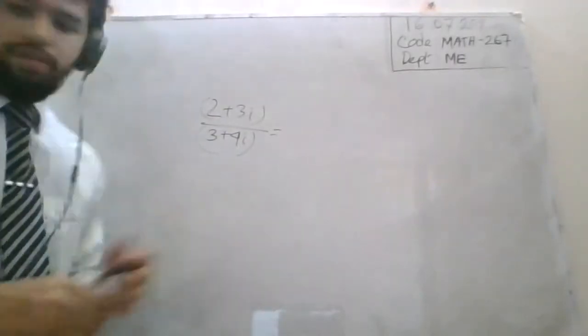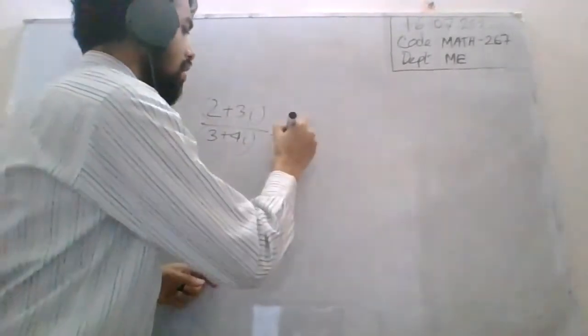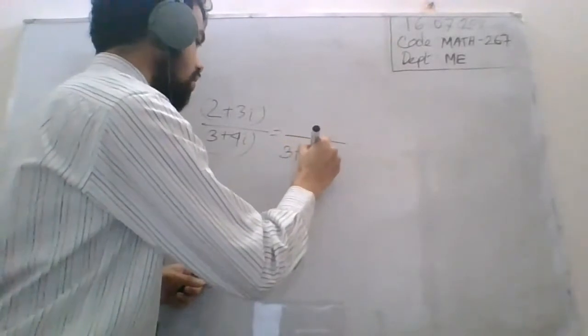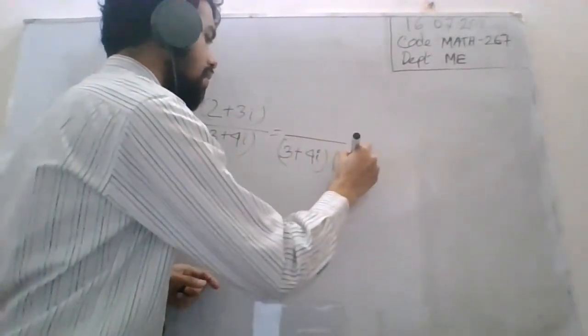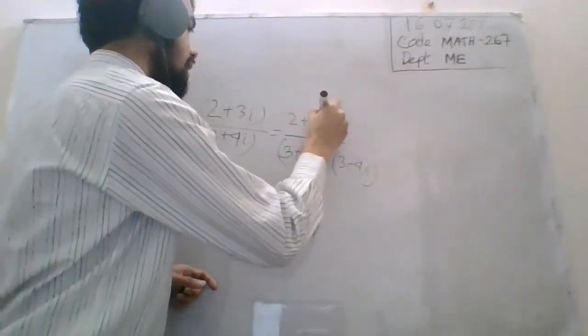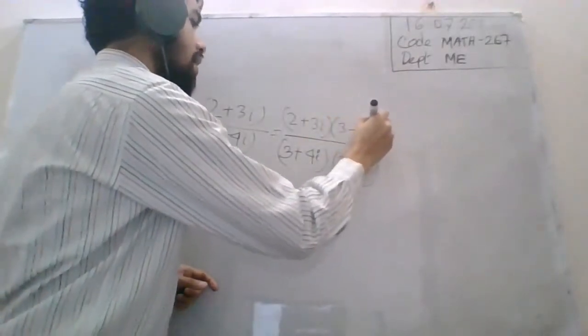You have to multiply 3 plus 4i and 3 minus 4i, 2 plus 3i and 3 minus 4i.